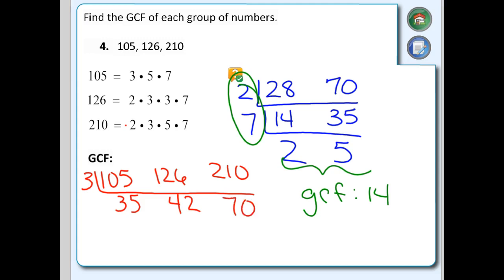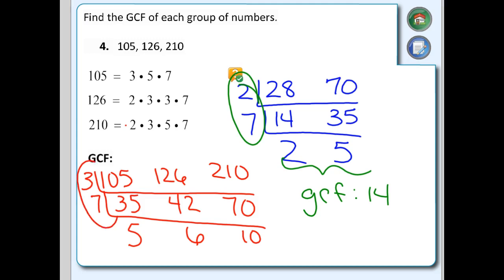Okay? Now, 2 won't go into those again, and 3 won't go into those again. 5 won't go into those again, but 7 will. 7 goes into all of those. All right, so this is going to be 5, and this is going to be 6, and this is going to be 10. All right, and I think we're done.